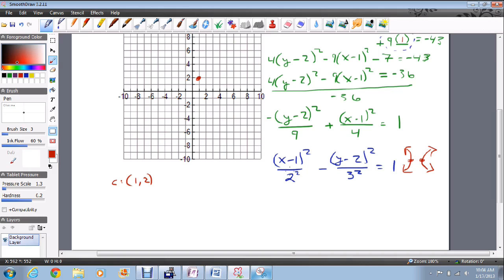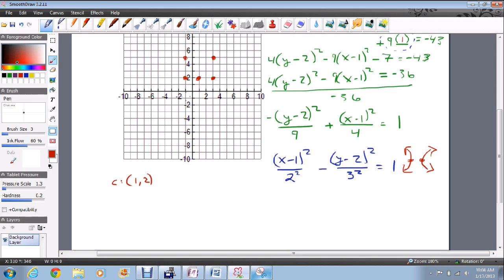So I'm going to go over a distance of 2, because that's what's down on the bottom here in the denominator. I'm going to go to the left 2. Then, what's in the denominator of the y squared term? That's just 3. So I'm going to go up 3 from each one of these points, and also down 3 from each one of the vertices.